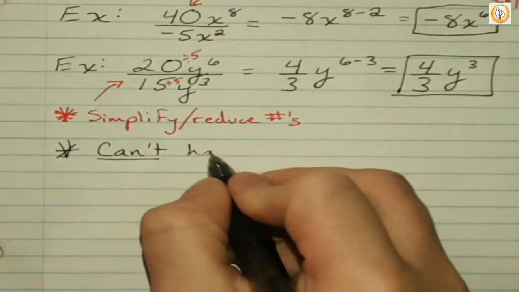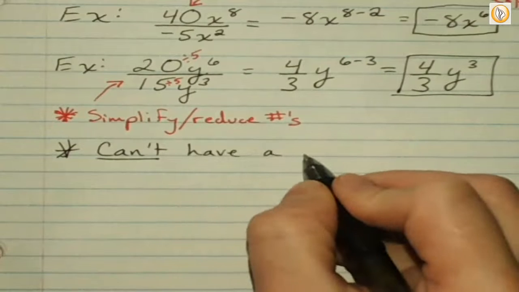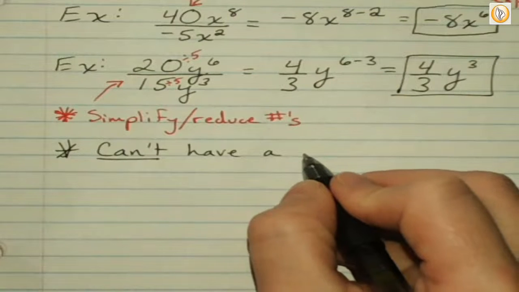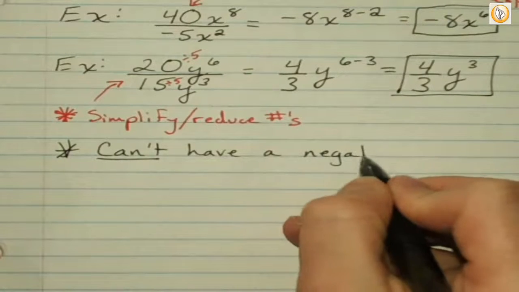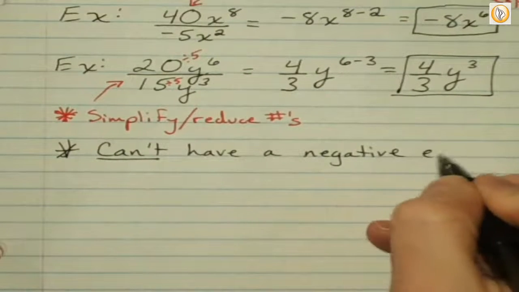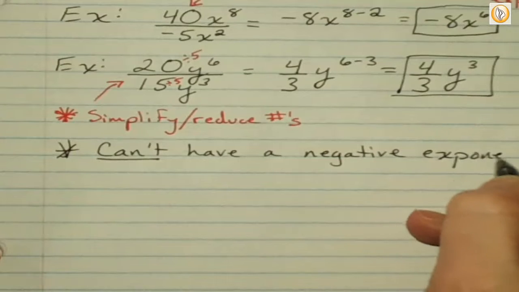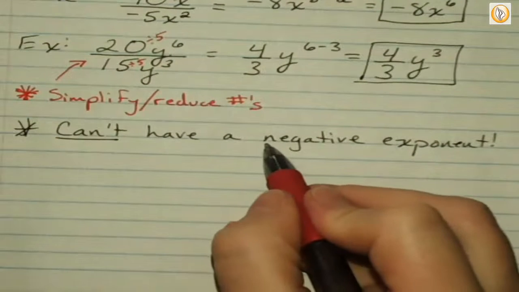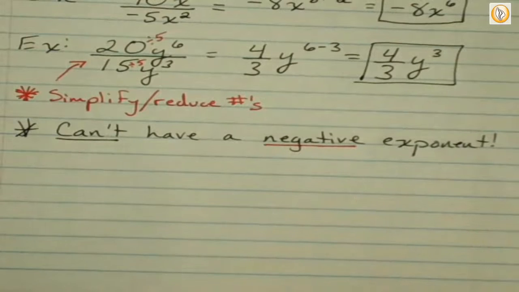Anyone want to guess what you cannot have? Negative exponent? Mm-hmm. Can't have a negative exponent. Sometimes your book will say, leave everything in the numerator or something like that.